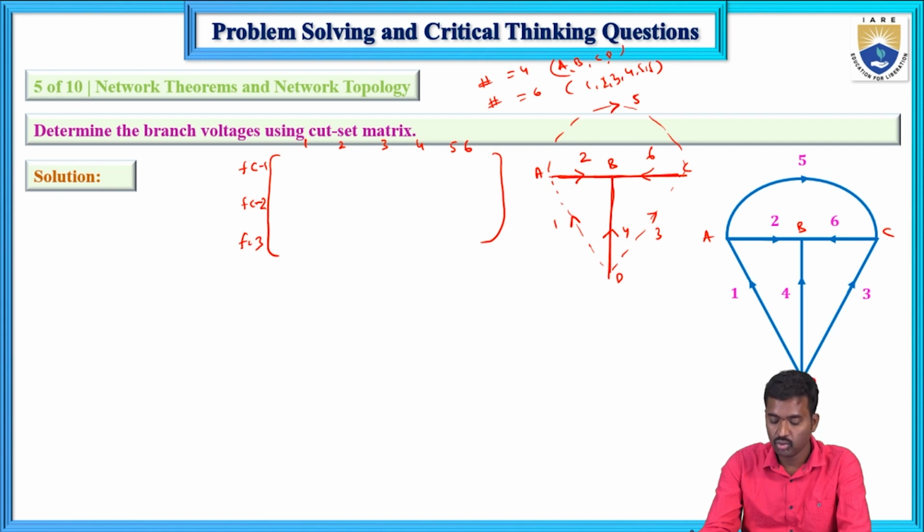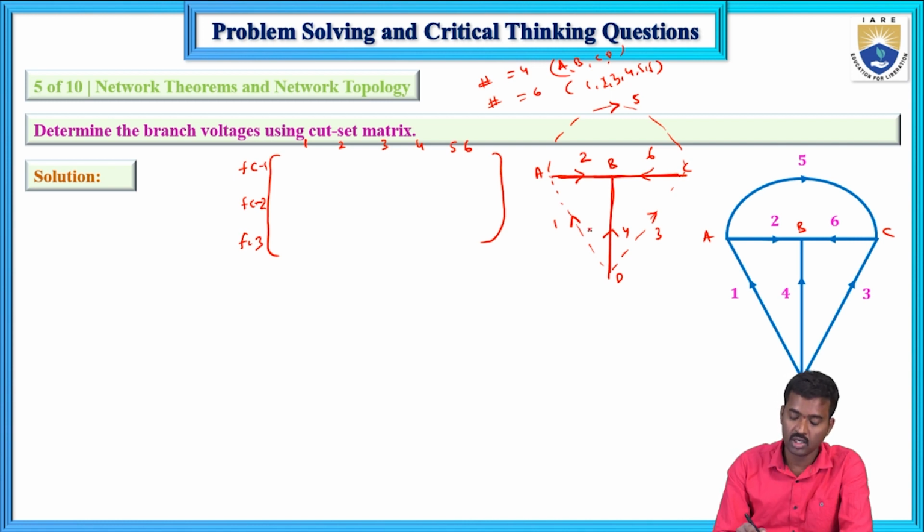Here 2, 6, 4 are the twigs. So the number of F-cut sets is total 3, because 2, 6 and 4 are twigs. F-cut sets depend on the number of twigs in a tree. To frame an F-cut set, there must be one twig and any number of links.